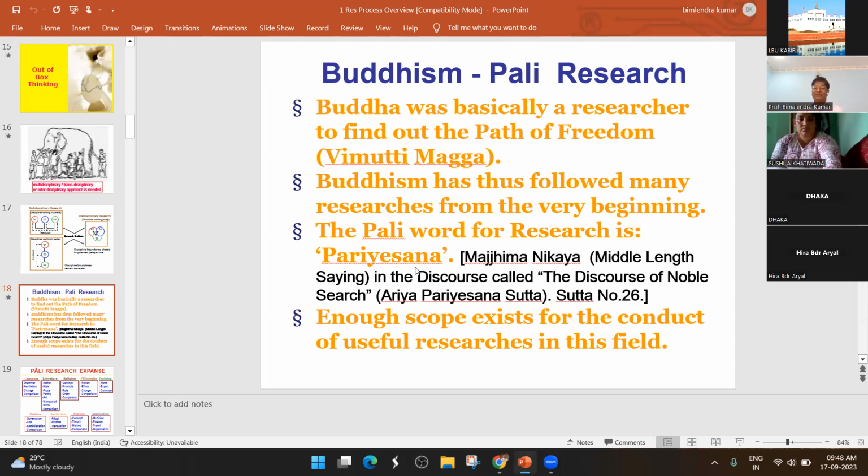Again, Buddhism has followed many researches from the very beginning. From the very beginning, just when he left his house, we see that he took a path of yoga. His two teachers, Alara Kalama and Uddakaka Ramaputta, were great followers of yoga.